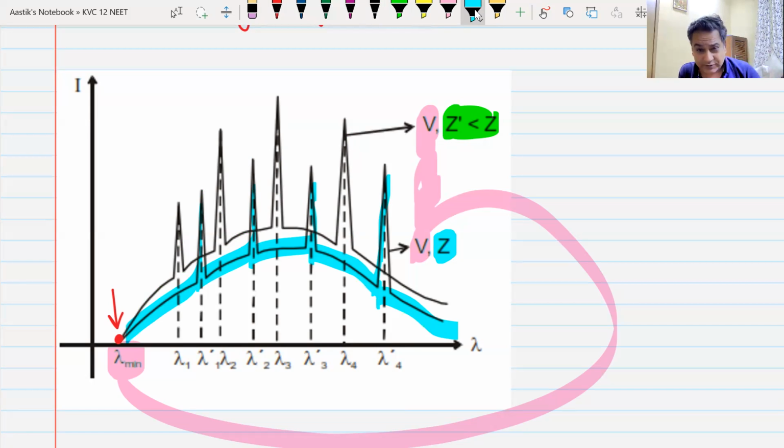And since we have talked about atomic number, we will jump onto your favorite subject, which is chemistry, in the next class. And we'll see how these X-rays helped someone in making the first periodic table. Who was that person?